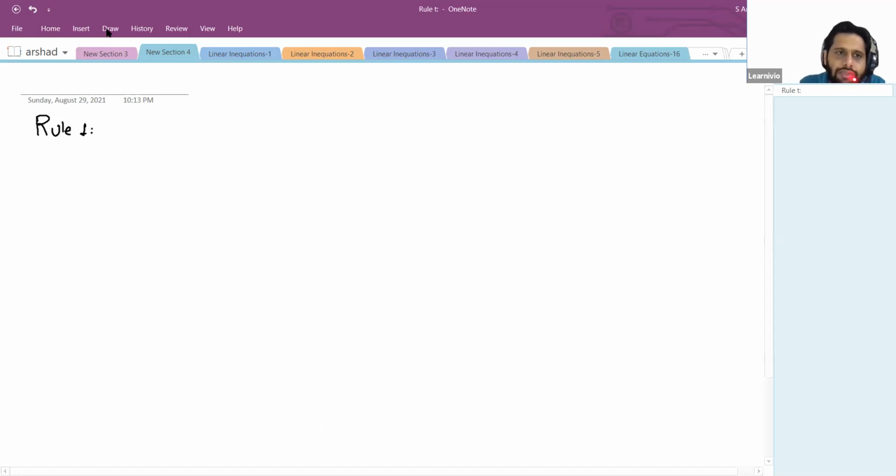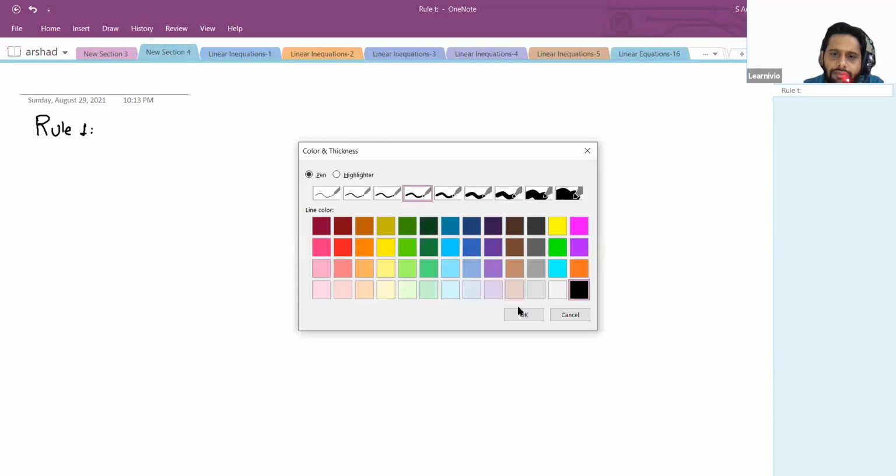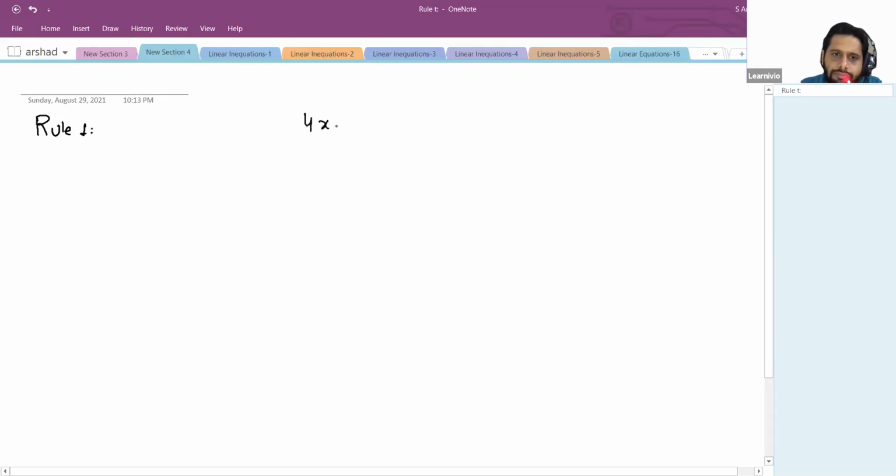Okay, now our next rule is, for example, if we have this inequation 4x plus 2 greater than 6, and we are shifting this 2 to the right side, so 4x is greater than 6 minus 2, 4x is greater than 4. So if we are shifting any number to either side, to the left side or right side, then the sign of inequality will remain the same.